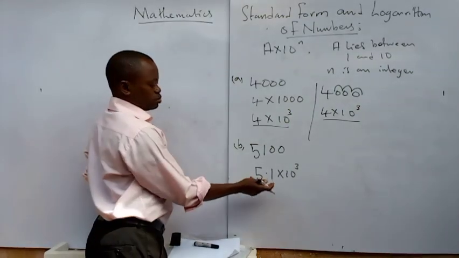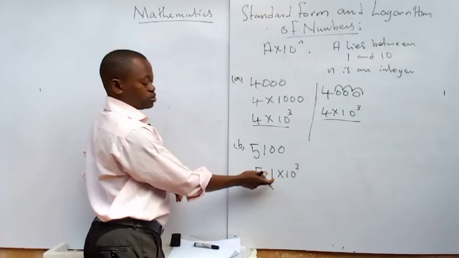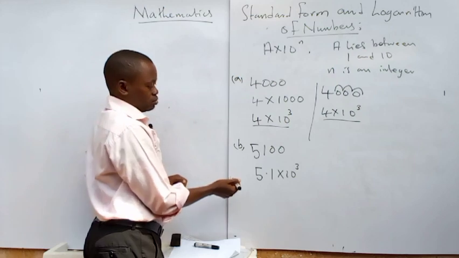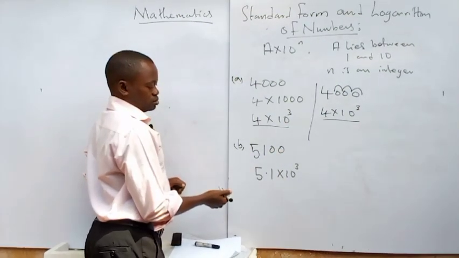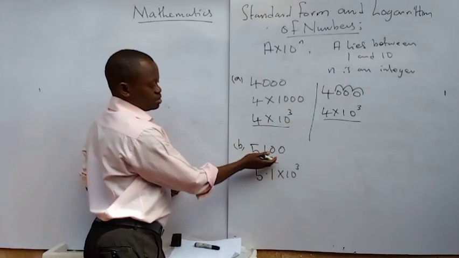You ask why the 1 is appearing here, and I will tell you it is because it is a non-zero digit. The other zeros are negligible, so I didn't put them. So this can be written like this.